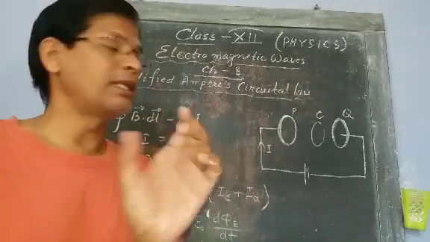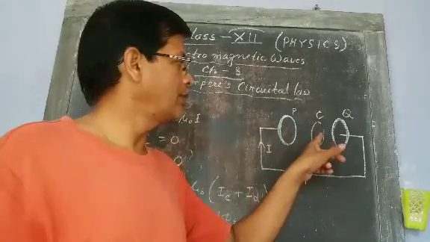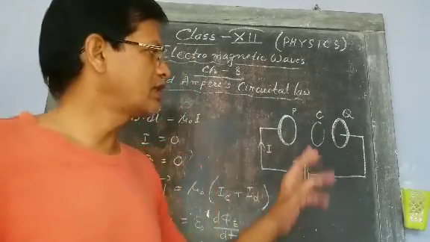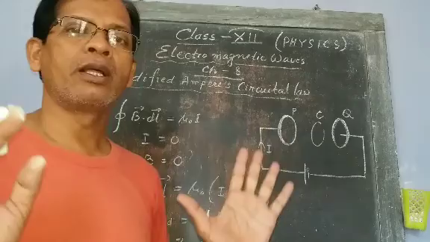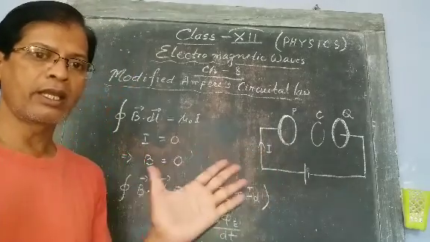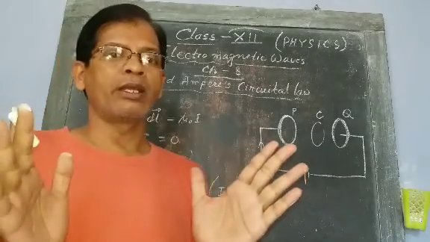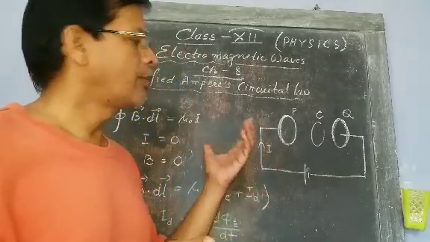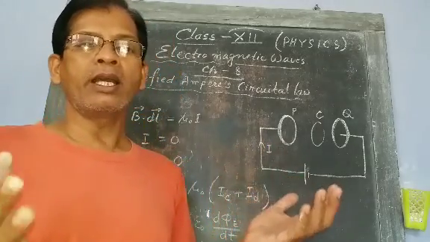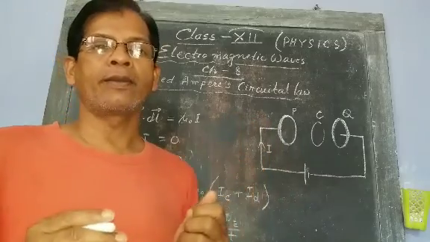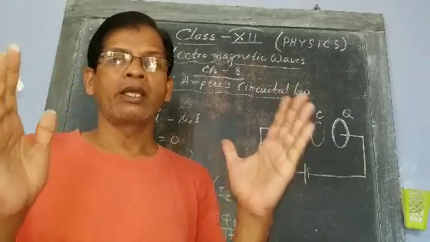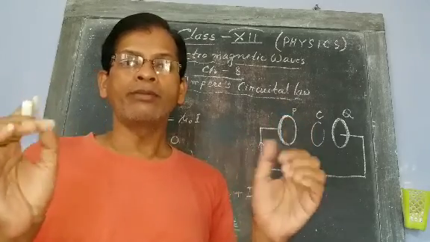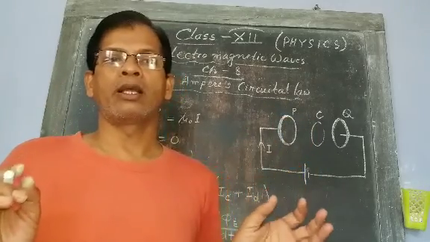But practically, if a magnetic needle is placed here, it will give deflection. That means there is a magnetic field. So there is an inconsistency between the practical idea and the theoretical idea. This inconsistency is solved by Maxwell.